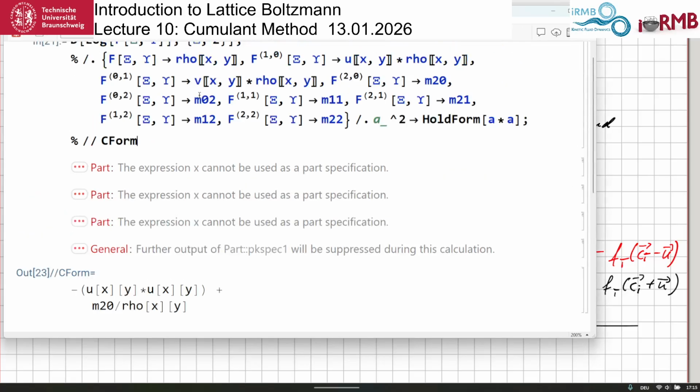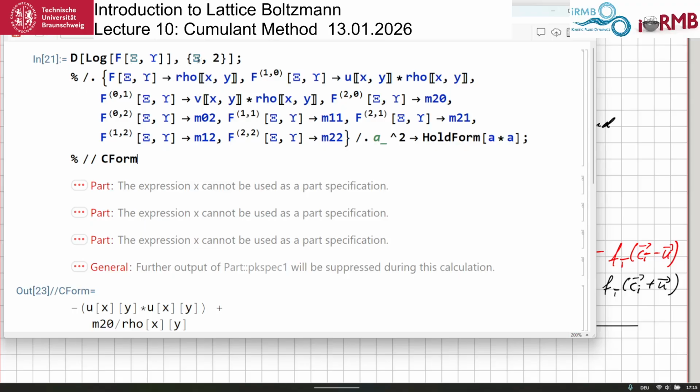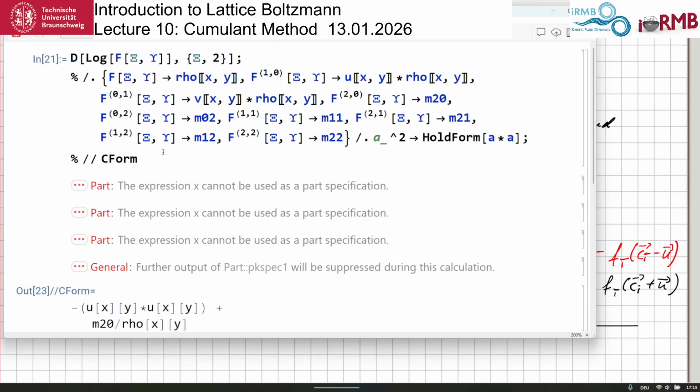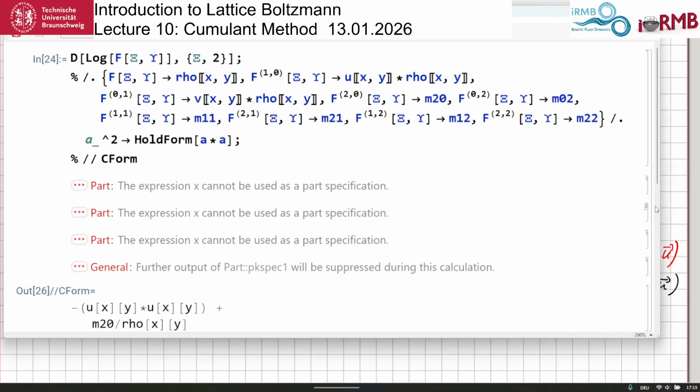I see the second moment in C has the second cumulant in this form. Maybe if I make the screen a little wider, I may be lucky and it will also write it in a single line. So this is what I can use for the transformation.